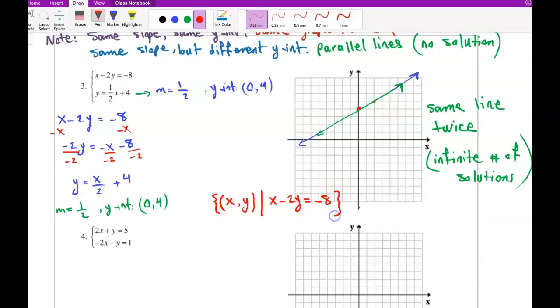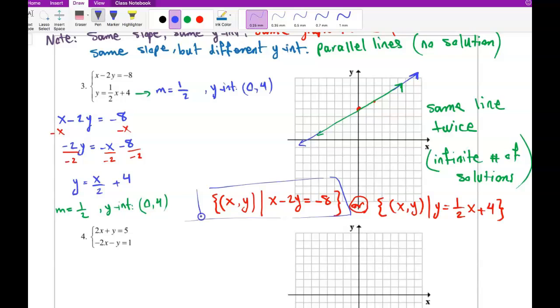So this is the answer, or we can write the second equation. So the second equation here is y equal to 1/2x plus 4. So either one works. So this is solution set.